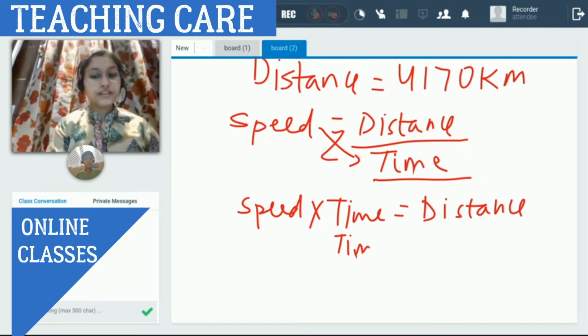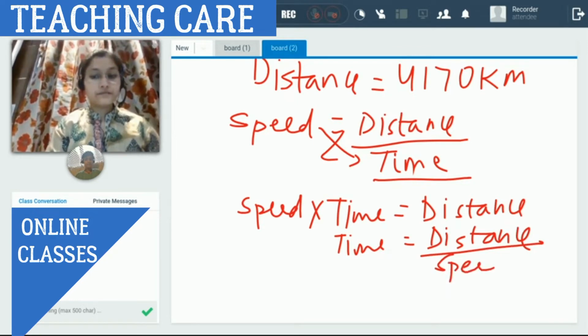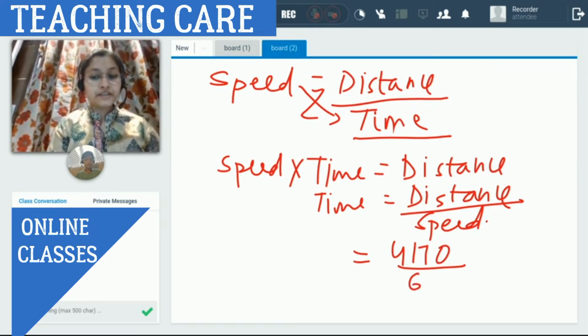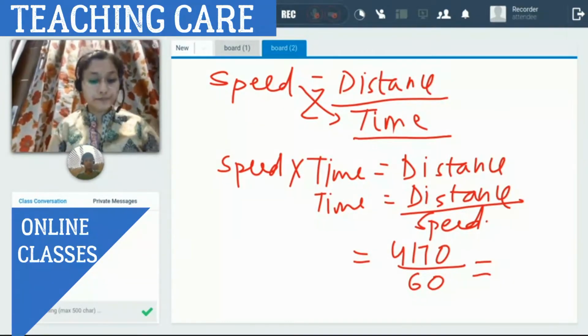That means time is equal to distance divided by speed. This is how we can calculate the time. Now in this question I have the distance, that is 4170, and speed 60 km per hour. So we divide the distance by the speed to get the time.